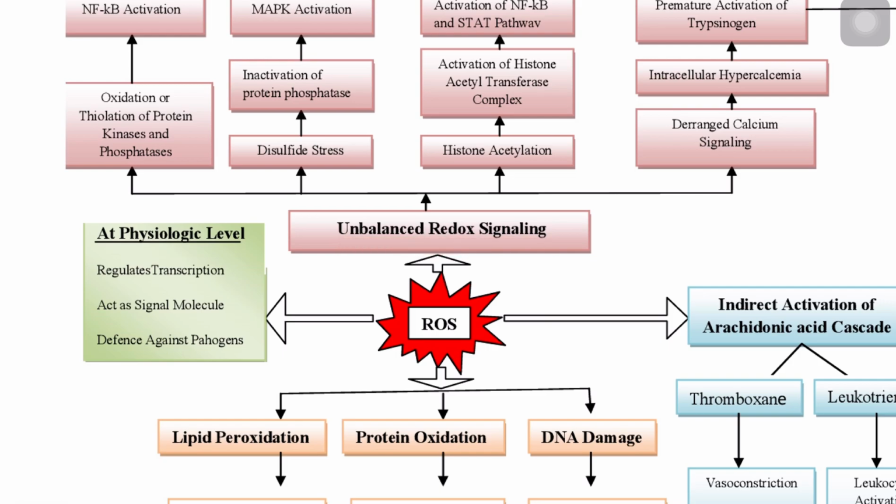The first one, oxidation or thiolation of the protein kinase and phosphatase happens. In this case, NF-kappa B activation can happen. Also, disulfide stress can start because it can affect the disulfide bond, and it can inactivate protein phosphatase and MAPK activation can happen.